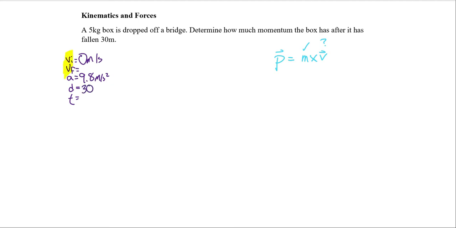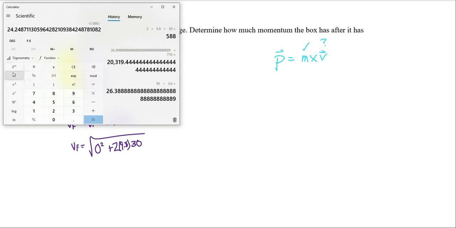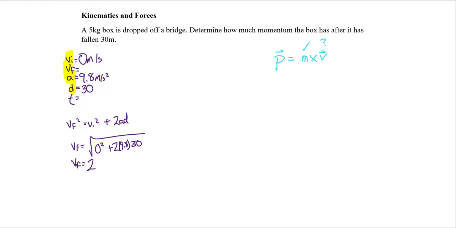So I'd be able to use the formula that uses VI, VF, A, and D. In other words, VF squared is equal to VI squared plus 2 times A times D. Or VF is going to equal the square root of 0 squared plus 2 times 9.8 times 30, which turns out to be 24.2 meters per second.